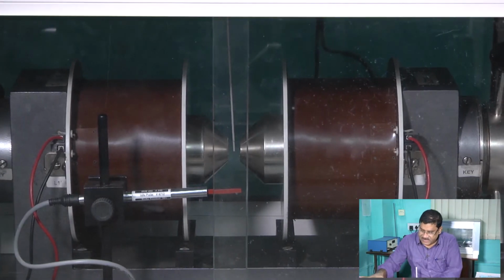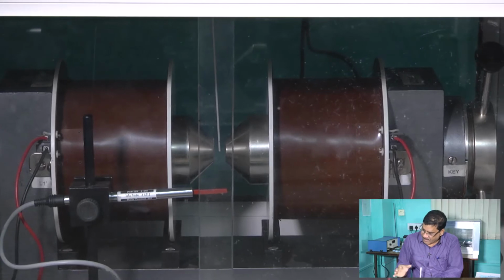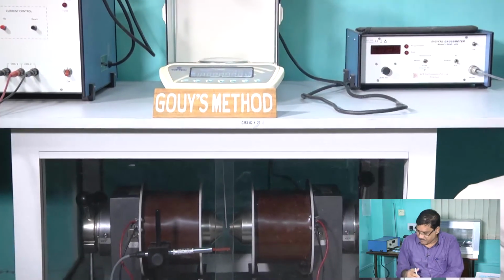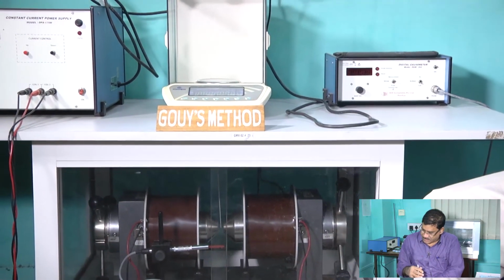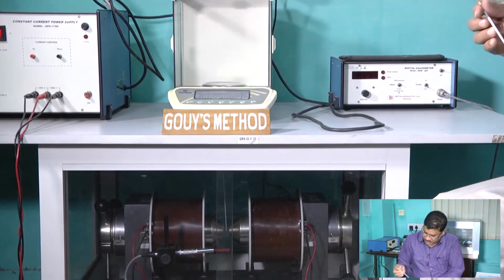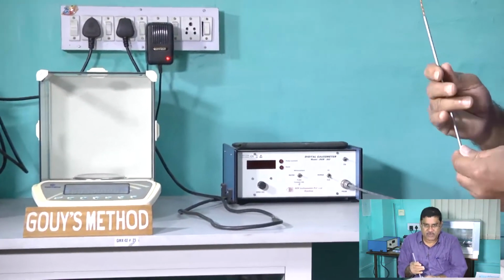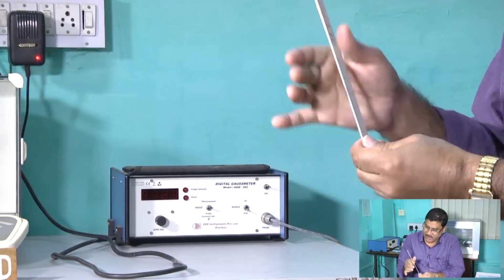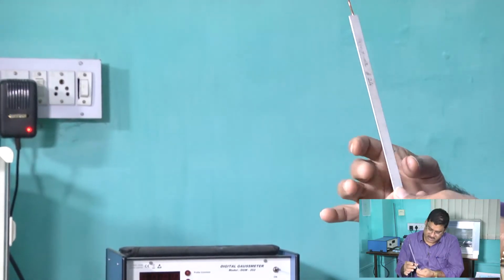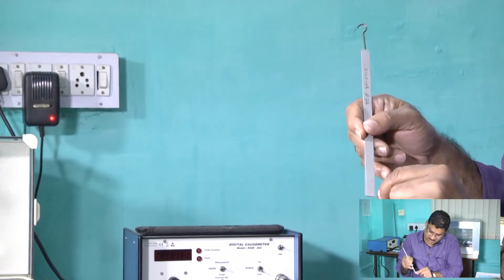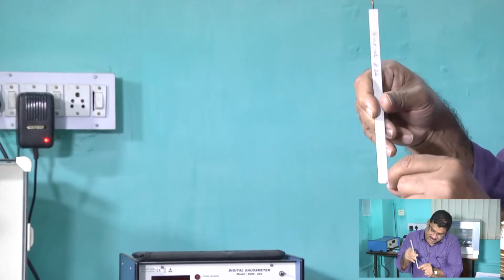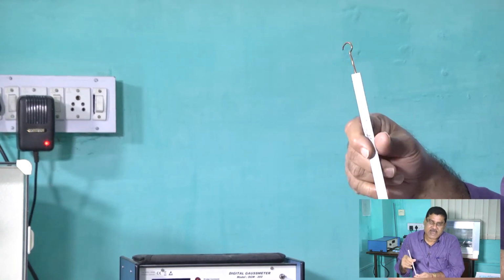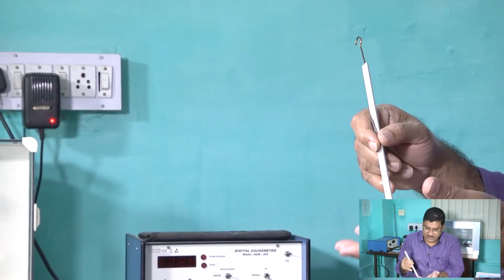This setup is a very compact, ready-made system. What we have to do: as I have shown you the formula, chi equals some constant parameters, where the dimensions of the rod, the width, thickness and length, should be known, and the density of the aluminum should be known. The g value is known to us.